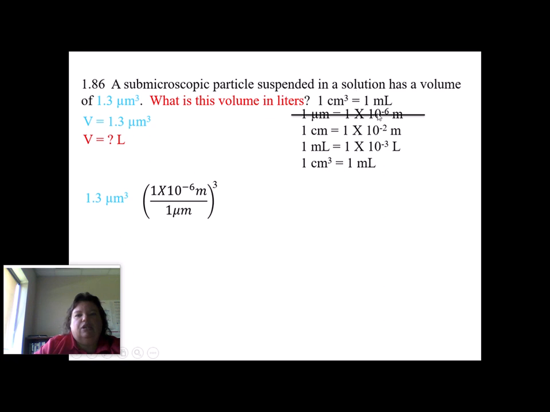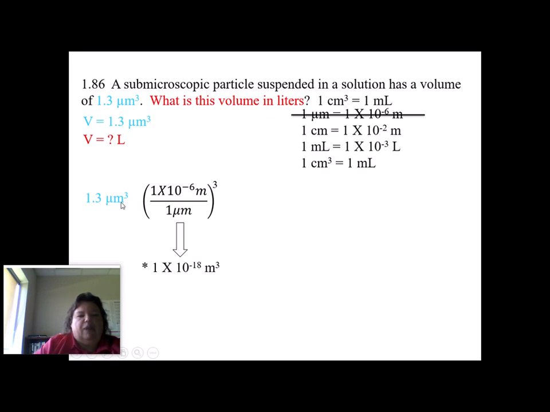This up here is not cubed. So I have to cube the whole expression. So 1 times 10 to the minus 6 cubed is the same thing as 1 times 10 to the minus 18th. So I would enter this as being 1.3 times 1 times 10 to the minus 18th, or if I put parentheses 1 EE minus 6, parentheses, caret 3, it'd be the same thing.